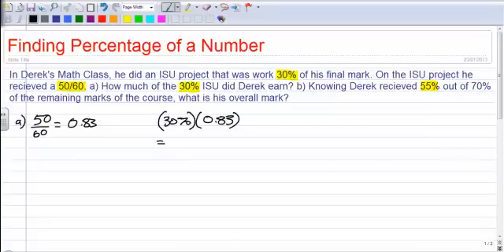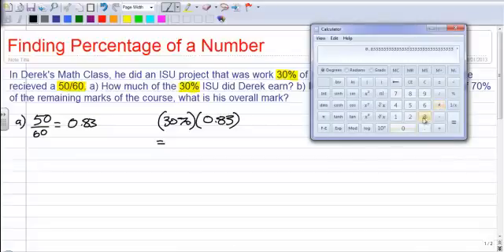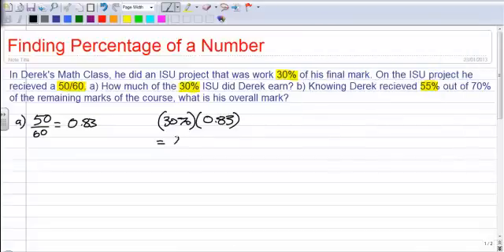When I do that calculation, we're going to be left with 25. So out of 30% of his final grade, Derek earned 25%. That's not bad. So that's all there is to A.